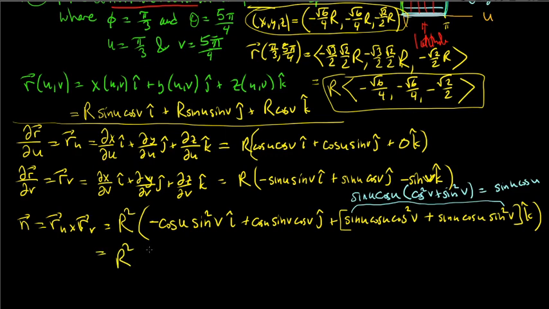So we can simplify this pretty drastically here. And maybe I'll go back to bracket notation then, right? So this will be negative cosine u sine squared v, and then cosine u sine v cosine v, and then sine u cosine u, all times r squared. And for some reason I can't help but think I made a mistake here, so let me check this.